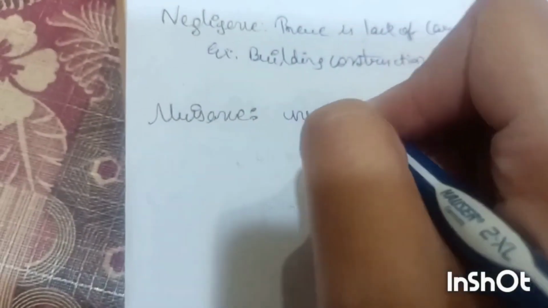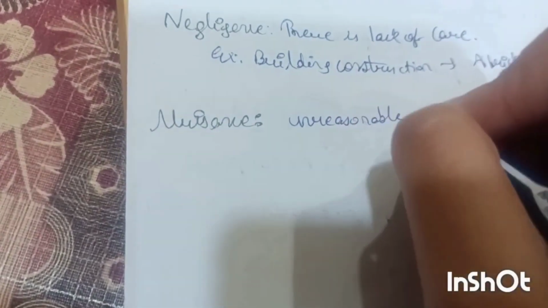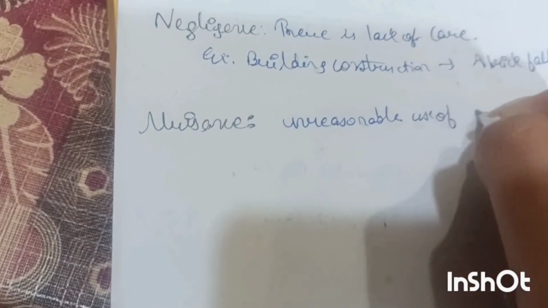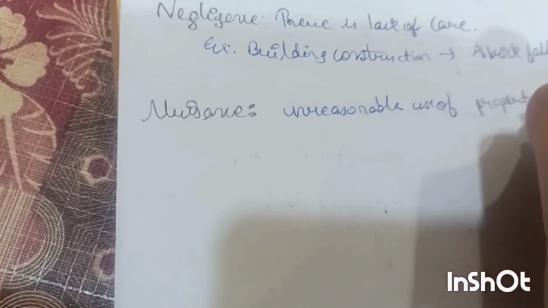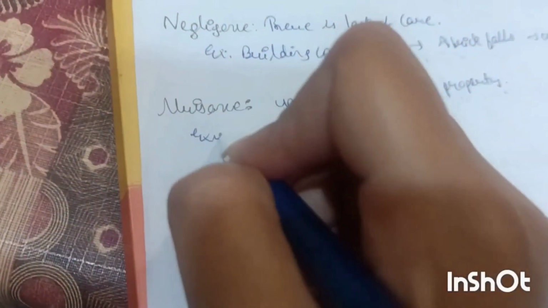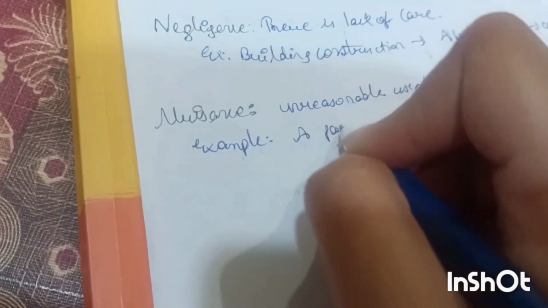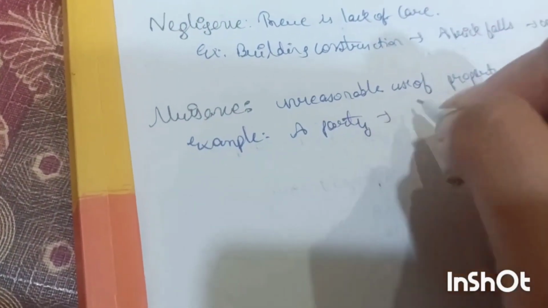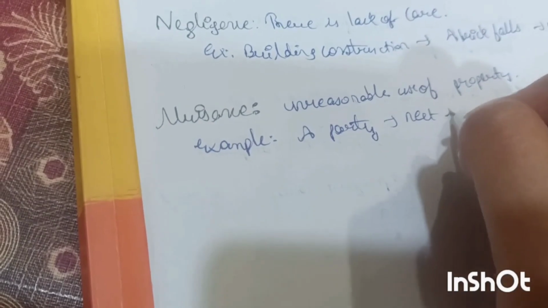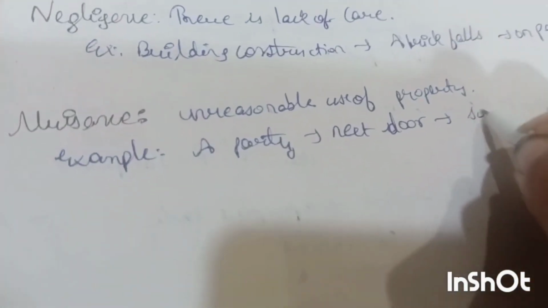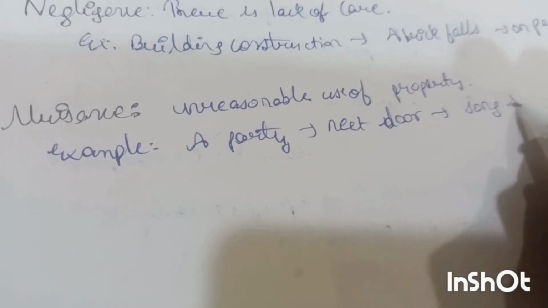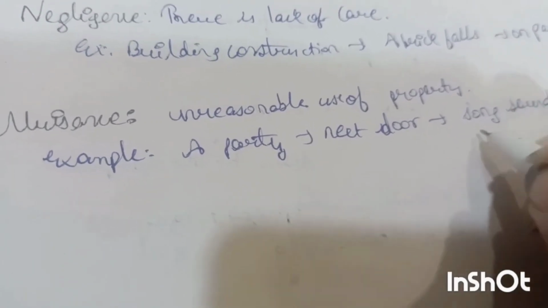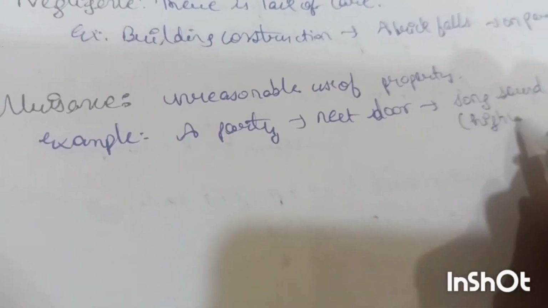And for nuisance, it is unreasonable use of property. How? Let's take an example: a party was being conducted next door, and the sound was of high volume.